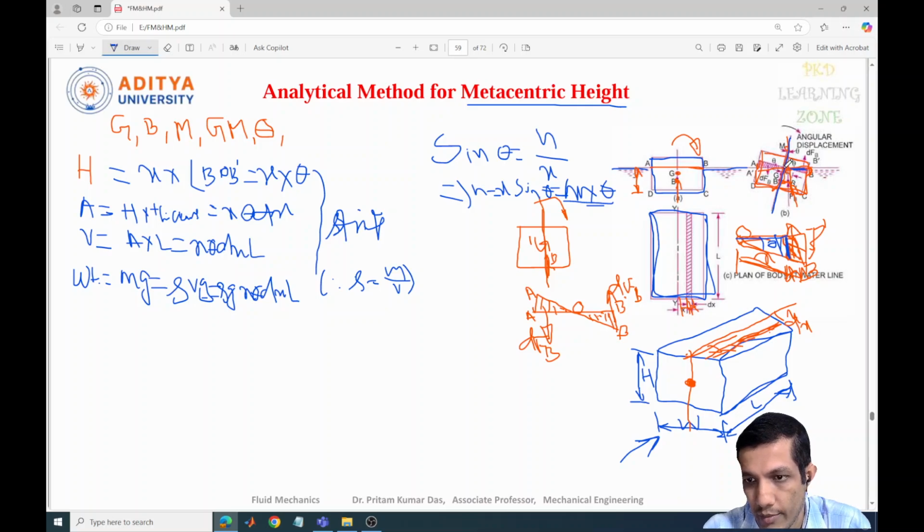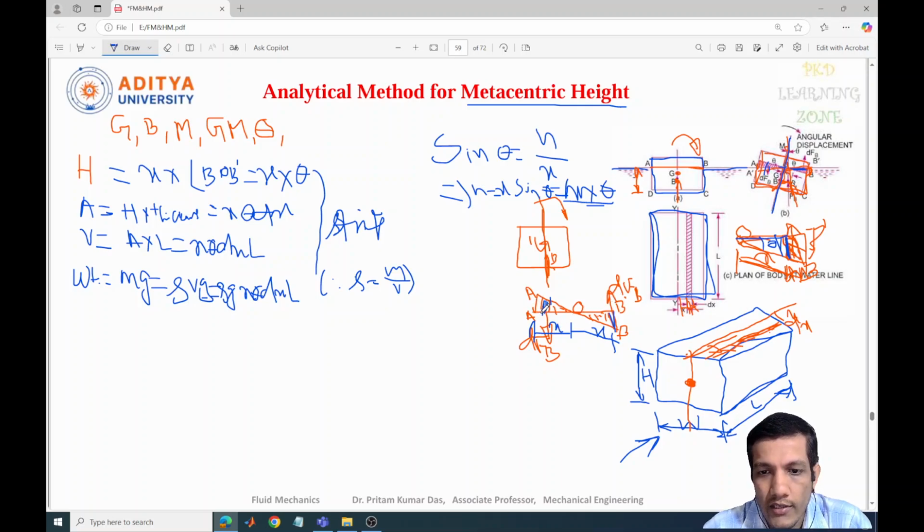Similarly, if I consider the left side, the distance will also be x, and the width will be dx.